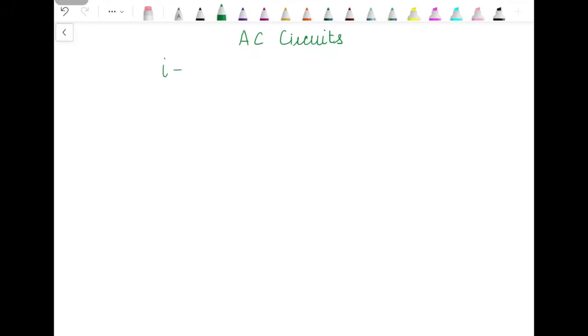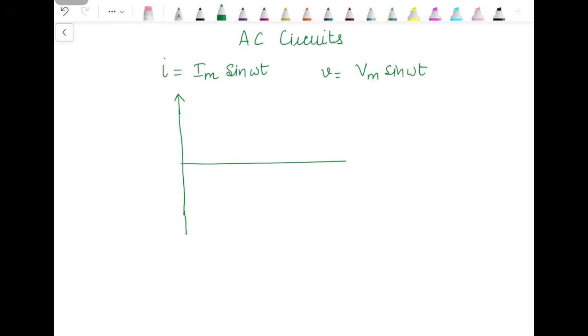The current is given as Im sin omega t and voltage is known as Vm sin omega t, and they are represented by a waveform which actually varies like this, the sinusoidal waveform.